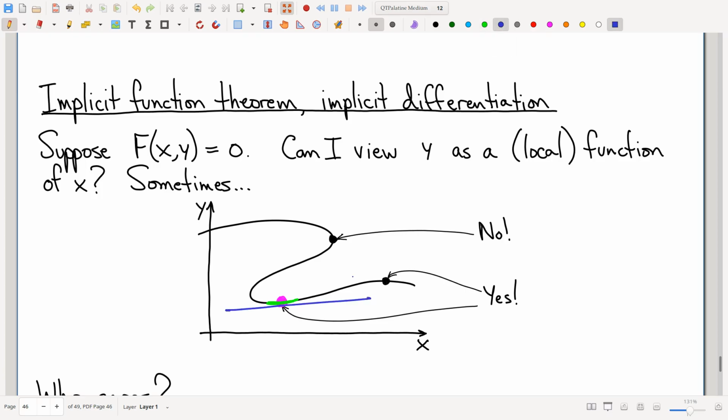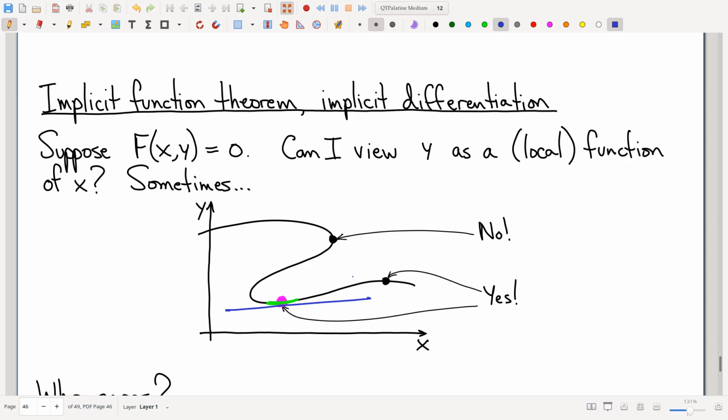I might want to understand that tangent line by way of the slope being the derivative. But wait a minute, you can only talk about derivatives of functions, right? So I can talk about the slope of this tangent line as being dy dx, right? In other words, locally I can view y as being a function of x.